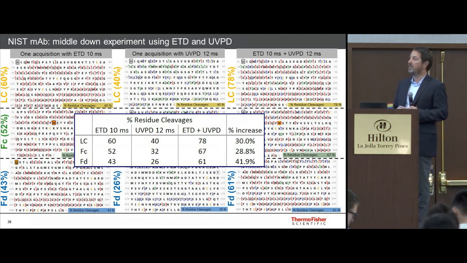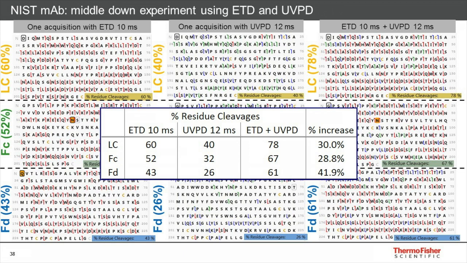It's because ETD and UVPD, UV photodissociation, are complementary fragmentation techniques. Actually, in just 2 runs, when I added the UVPD, I got an increase in sequence coverage of more than 30% for all of the subunits. So the UVPD will be very, very powerful when you want high throughput and don't want to run your sample 4 or 5 times to get high sequence coverage.